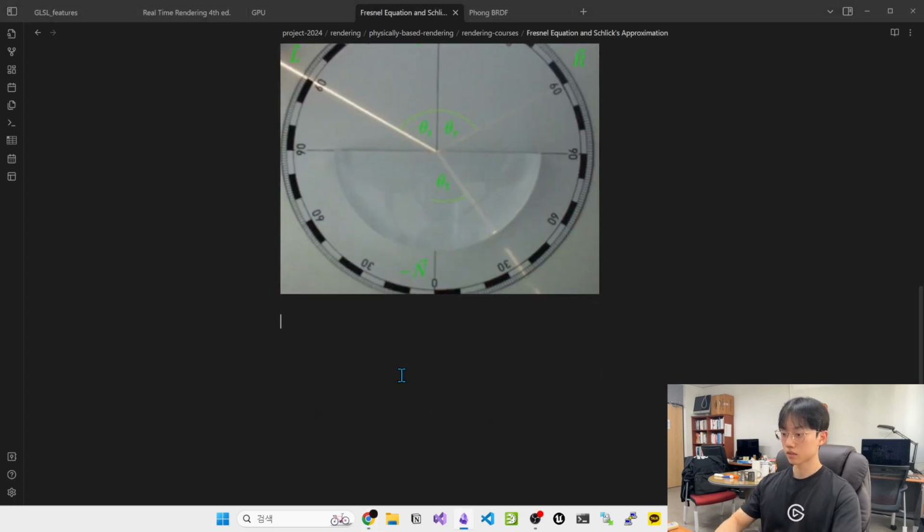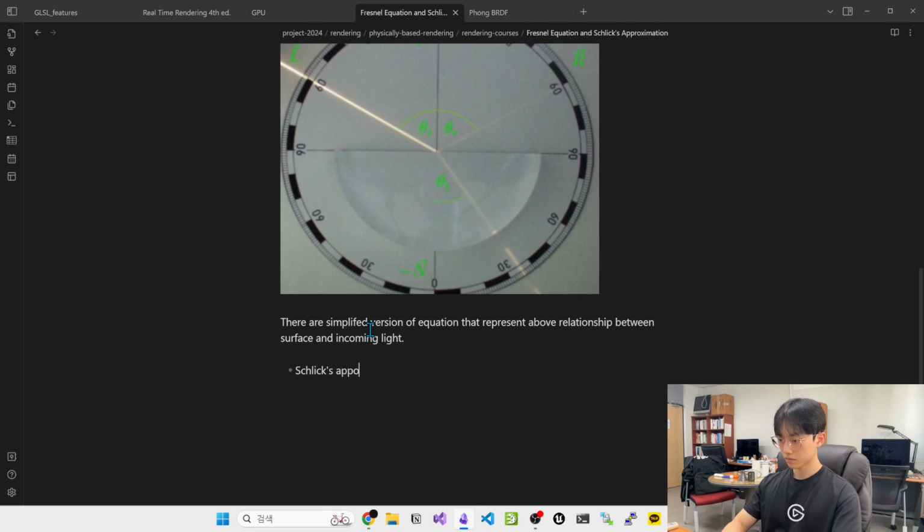Wonderful. So let's take a look at the simplified version of Fresnel's equation.